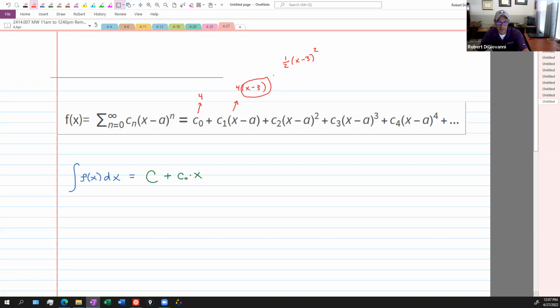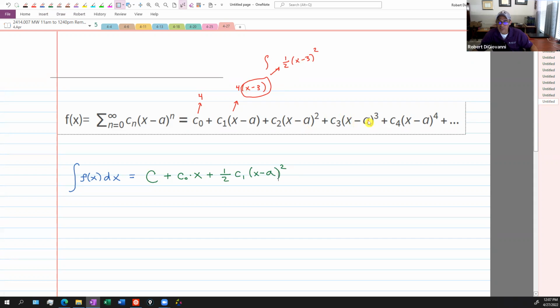That would be the integral of this. So this is going to be plus 1/2 c sub 1 (x minus a) squared.